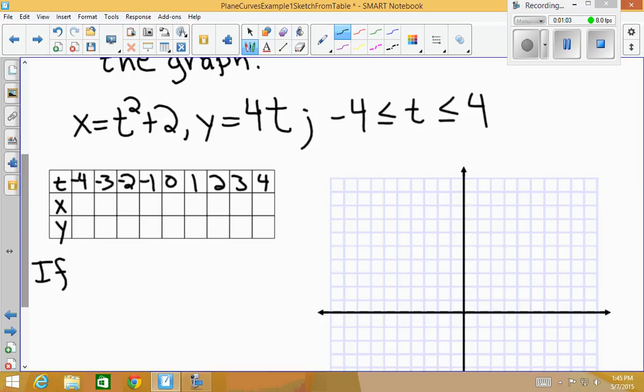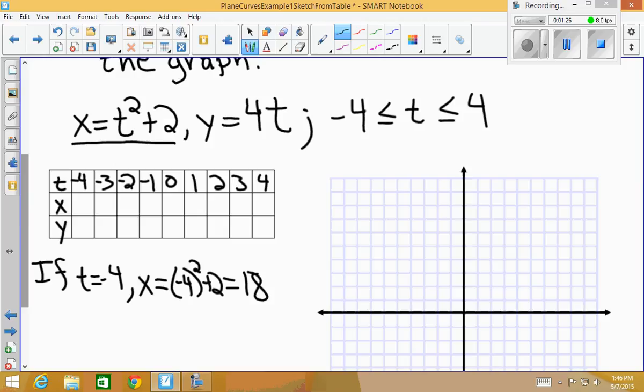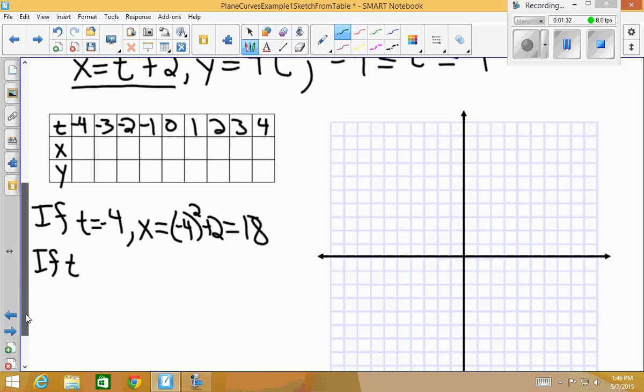So to do a couple of specific values, if t is equal to -4, then x, we are told, is equal to t squared plus 2. So that would be -4 squared plus 2. -4 squared is 16, plus 2 is 18. We also need to find out the y-coordinate.